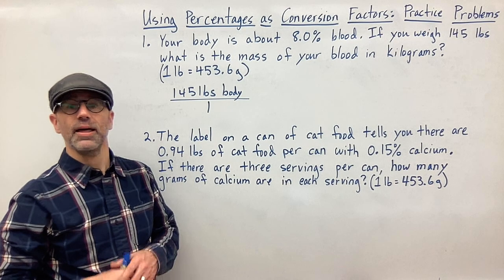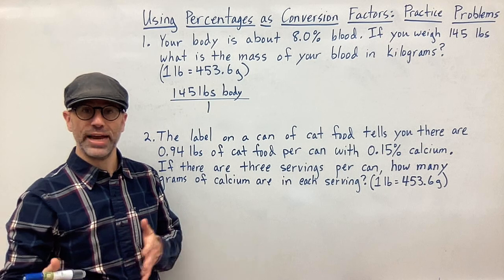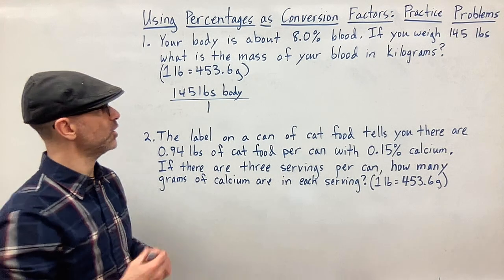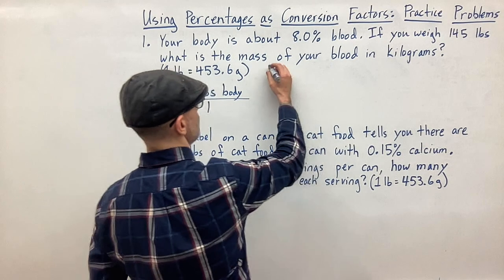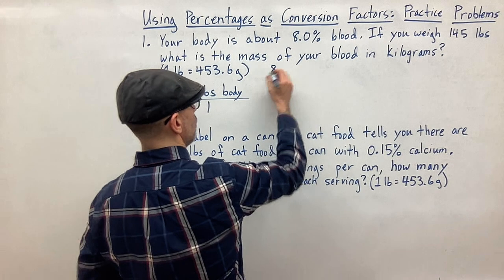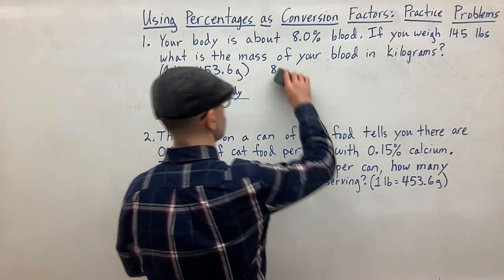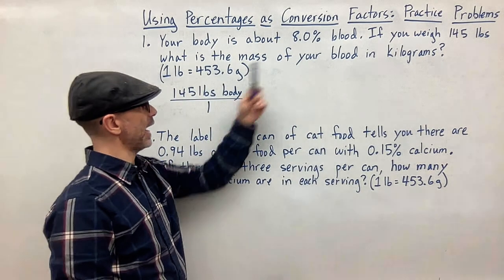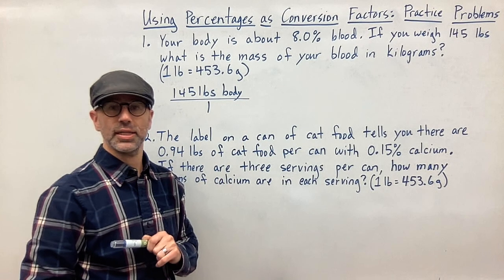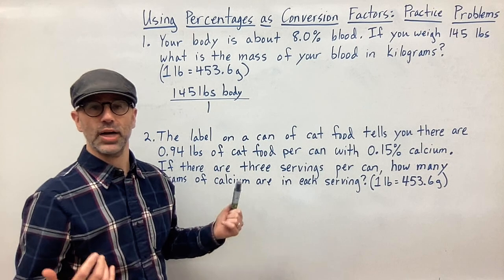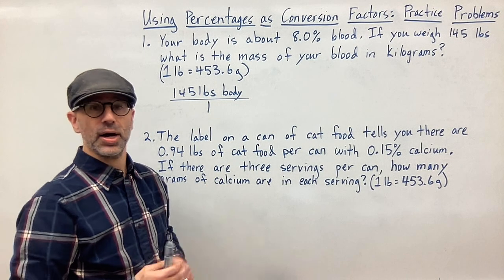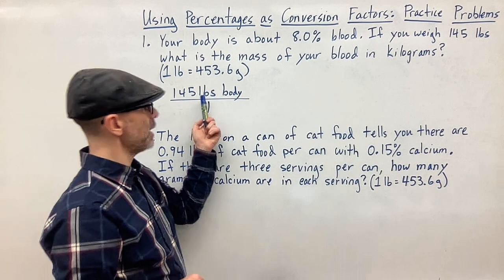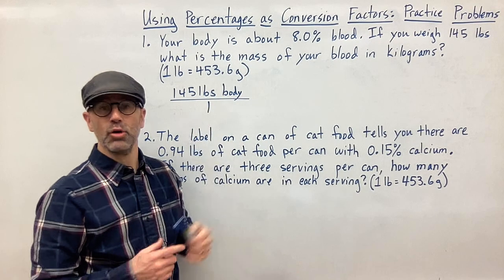So again, percentages, we can turn that into a fraction out of 100. So this is telling us that out of 100 units of our body, 8 of those mass units is blood. And we can use whatever unit we want, but since they're giving us pounds, that's the most convenient unit.